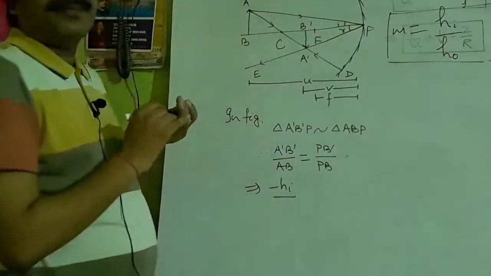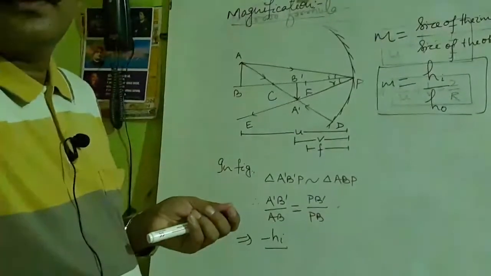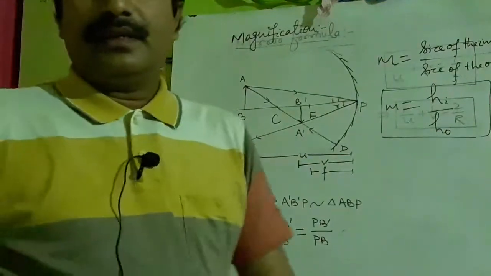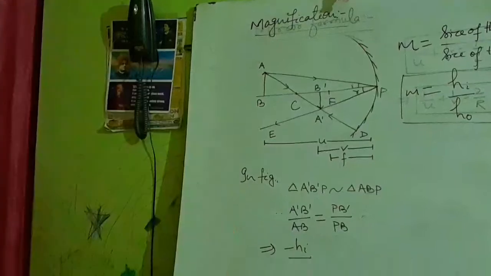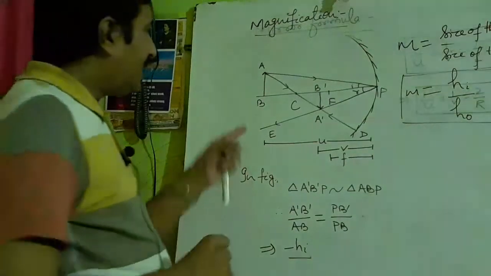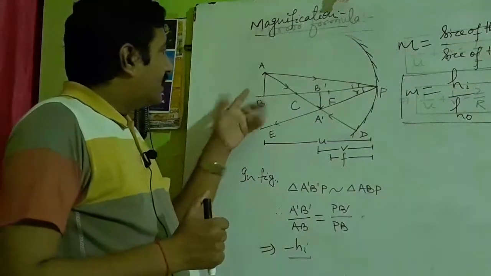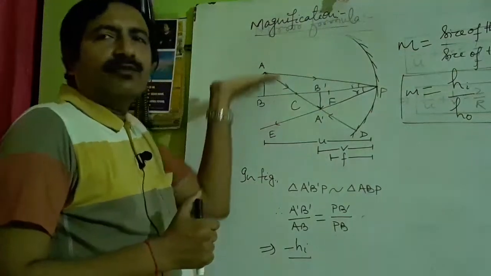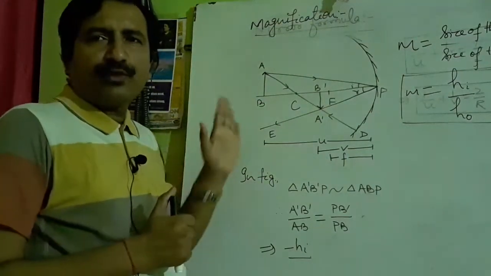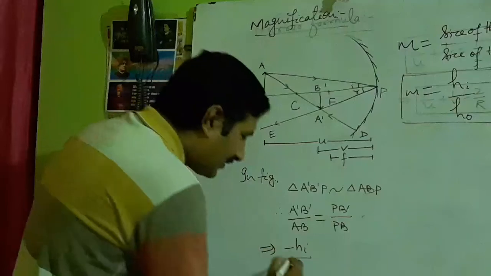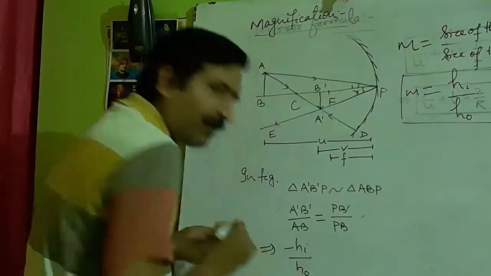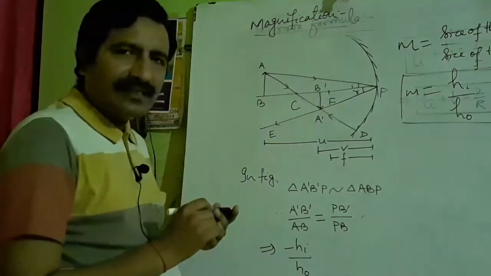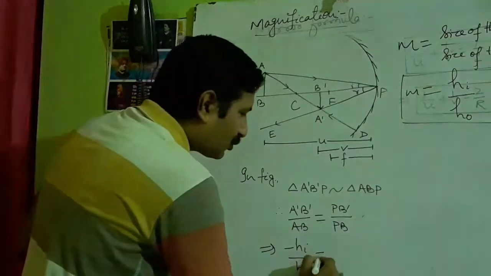And AB is the distance perpendicularly upward from the principal axis, so it will be taken as positive. Hence this is ho. ho is positive, hi is negative, and this is equal to PB'.